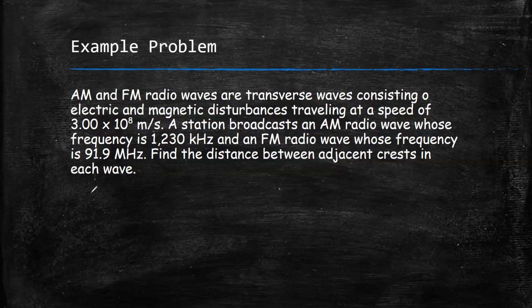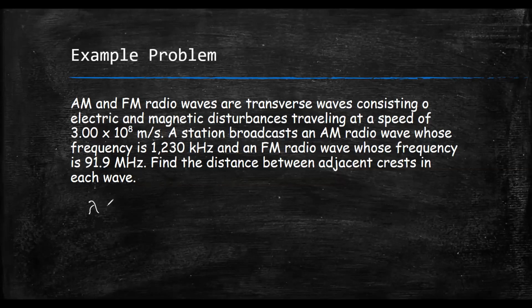To get the wavelength, we can use the formula of velocity divided by frequency, since we have the given value of velocity, which is 3 times 10 raised to 8 meters per second.